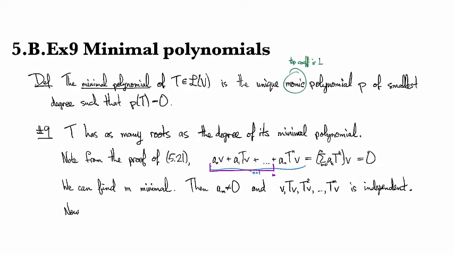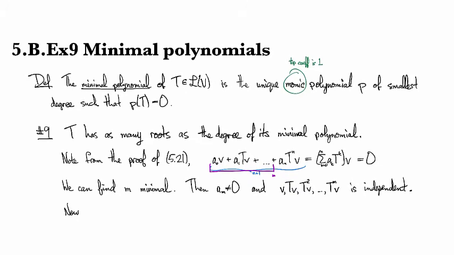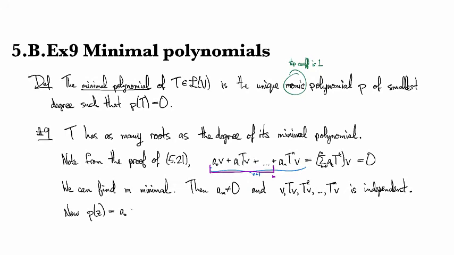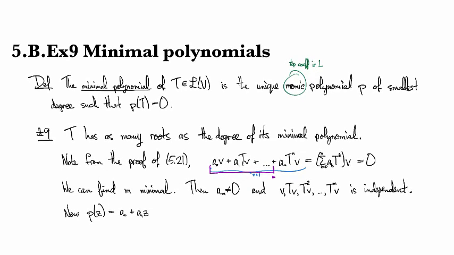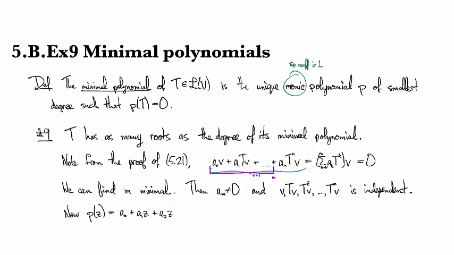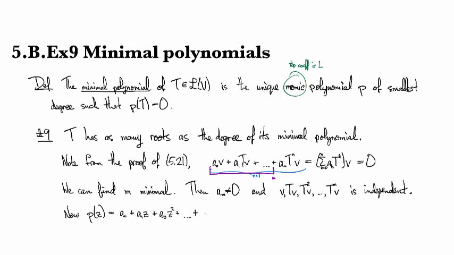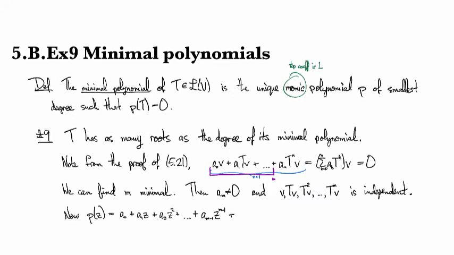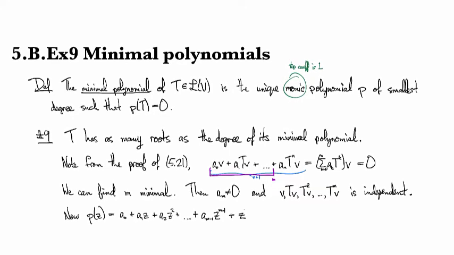And without loss of generality, we can take p to be monic. So p is going to be a0 plus a1 z plus a2 z squared plus all the way up to a_{m-1} z^{m-1} plus, and then for the top one we can just use z^m.